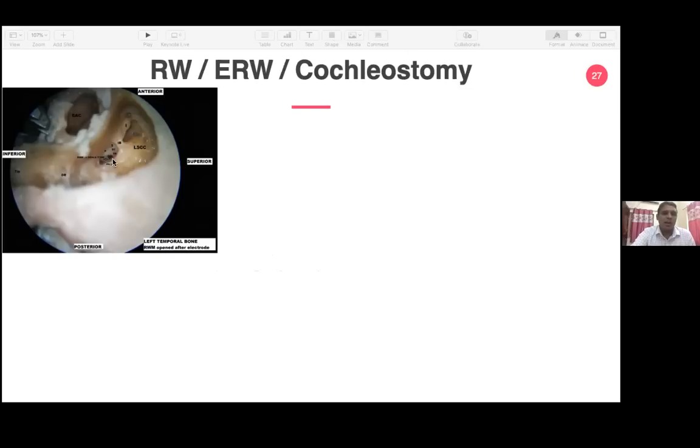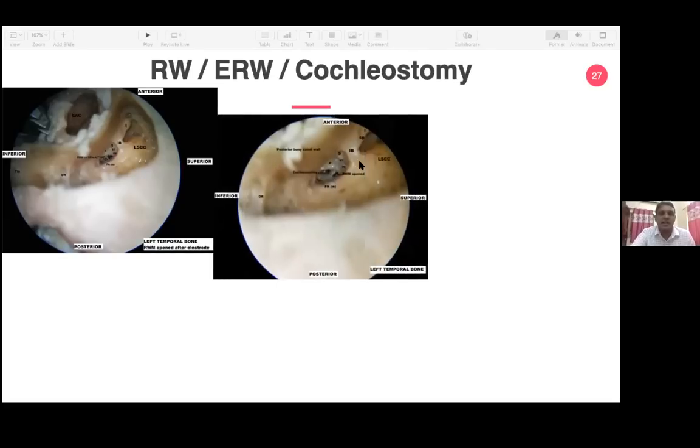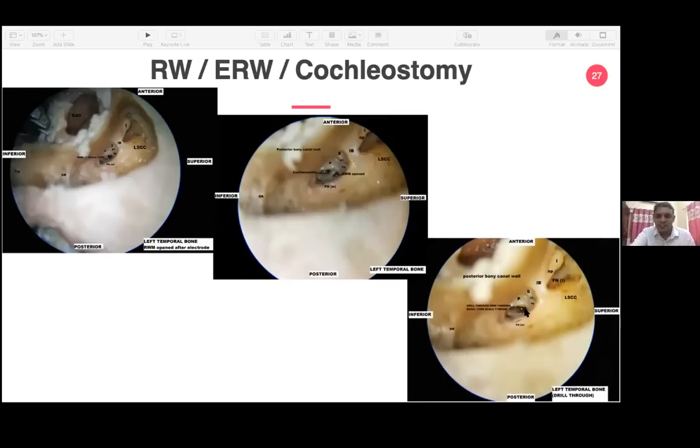One can extend the round window membrane inferiorly and anteriorly. I repeat, it is first inferior and then anterior. It is not anterior-inferior, it is infero-anterior. That means you go inferiorly and then go anteriorly. That is called the extended round window.